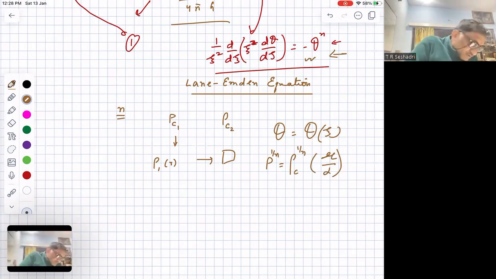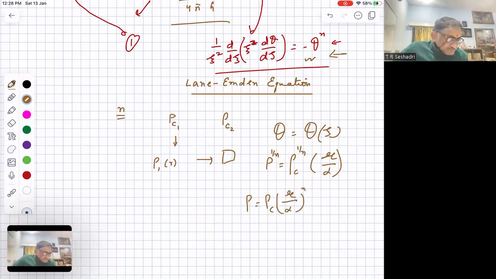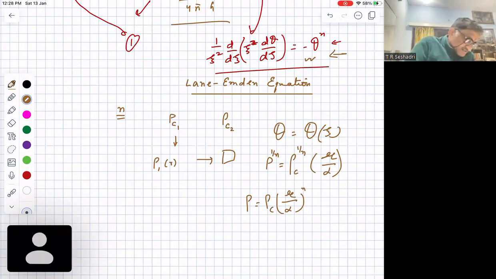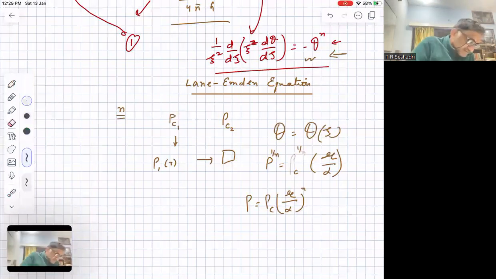And so it is rho equal to rho c, r divided by alpha, to the power n. Sorry, what am I writing? I'm writing some junk. Sorry.